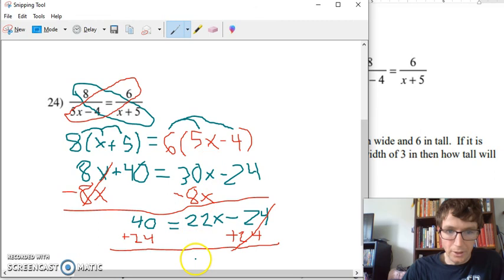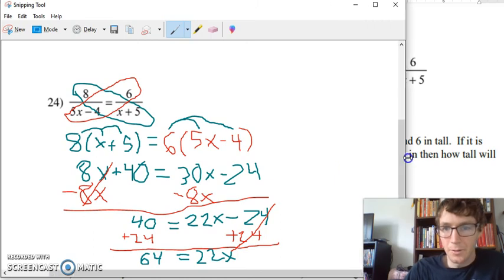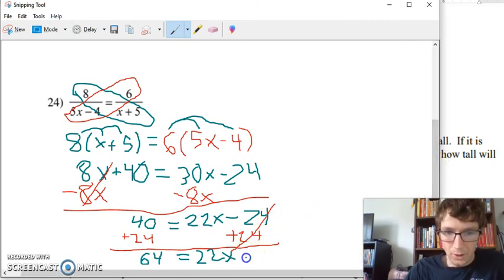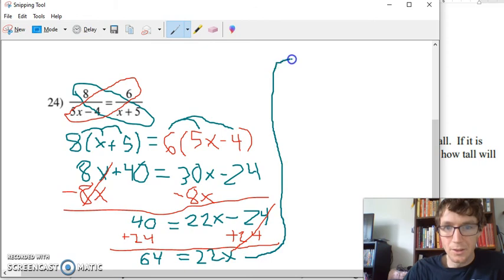So now we're just going to carry down 22x. 22x is equal to, what's 40 plus 24? That gives you 64. Okay, so because I'm running out of room, I'm going to bring this up here. Okay. So we got 64 is equal to 22x.